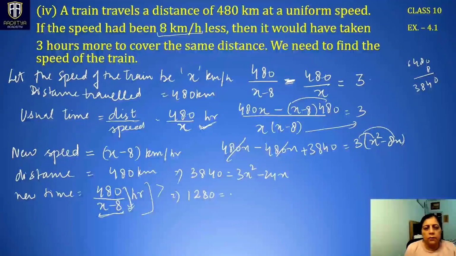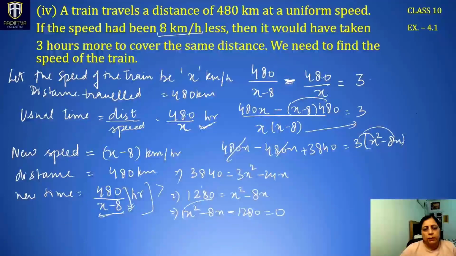This is x square minus 8x. I have just taken 3 common from both the sides and reduced it. x square minus 8x, bring this thing to the right hand side, so it becomes 1280, and we have 0 on one side. So now we have to solve this by the middle term split method.